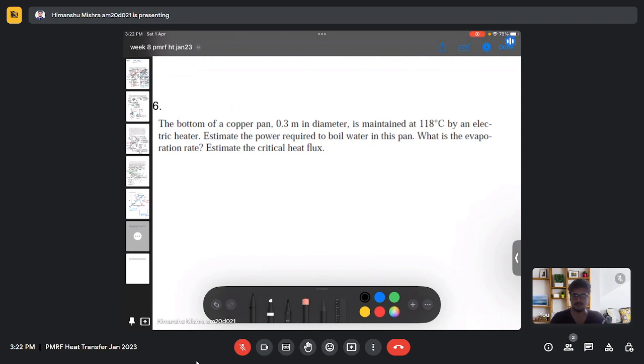So basically the critical heat flux is the maximum heat flux we need to find, and the total heat required to boil this water in this pan. So for this we will be using some correlations which are given for nucleate heat transfer as well as for the maximum and minimum heat flux.